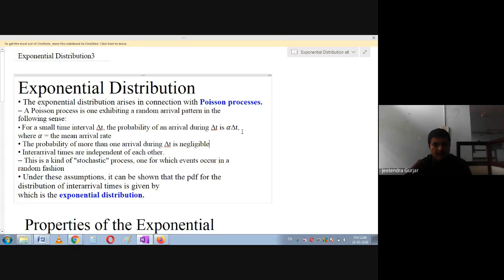Therefore, we take this alpha delta t as our probability in the exponential distribution. The probability of more than one arrival during delta t is negligible.